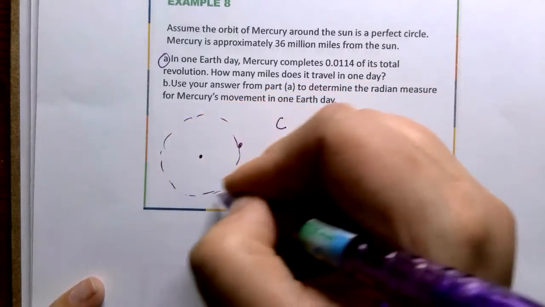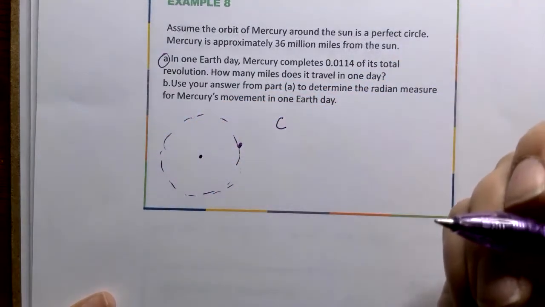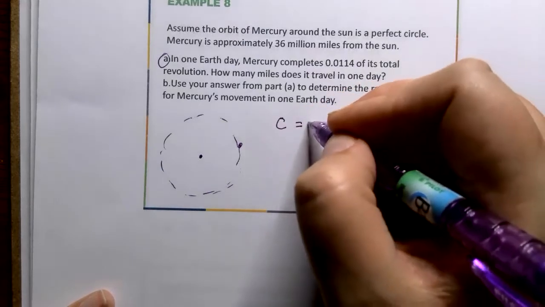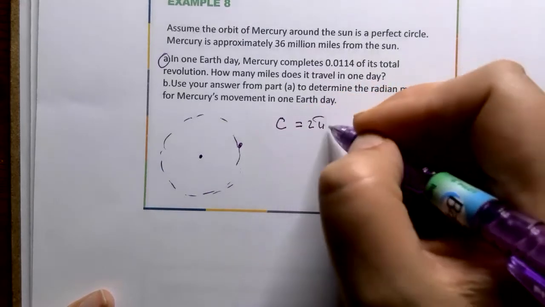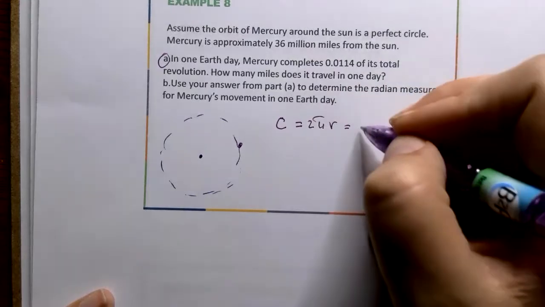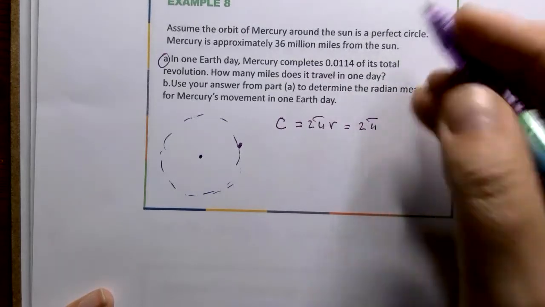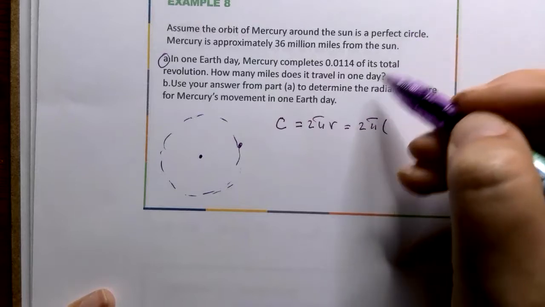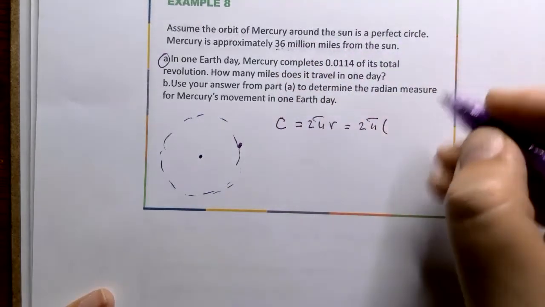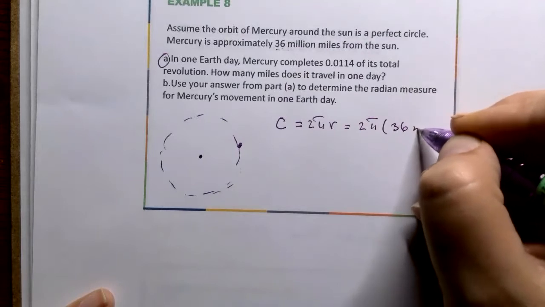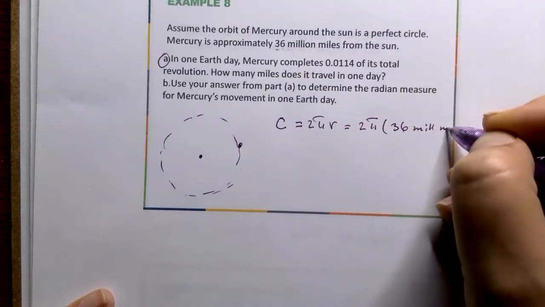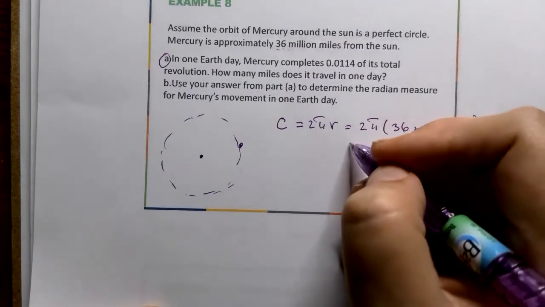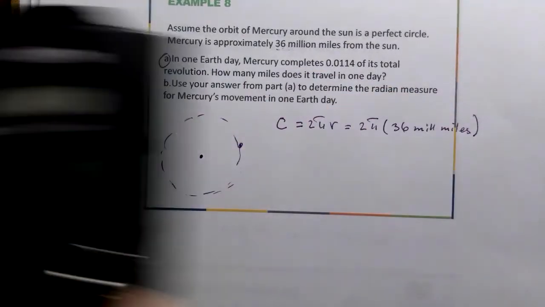What's the full distance around its orbit? Well, we have the circumference formula, 2 pi r. So we have 2 pi, and r, our radius, is 36 million miles. Okay, so let's go ahead and put it into the calculator.